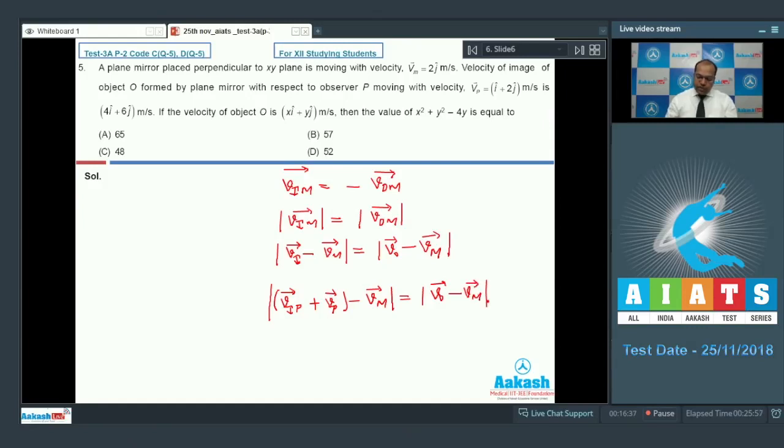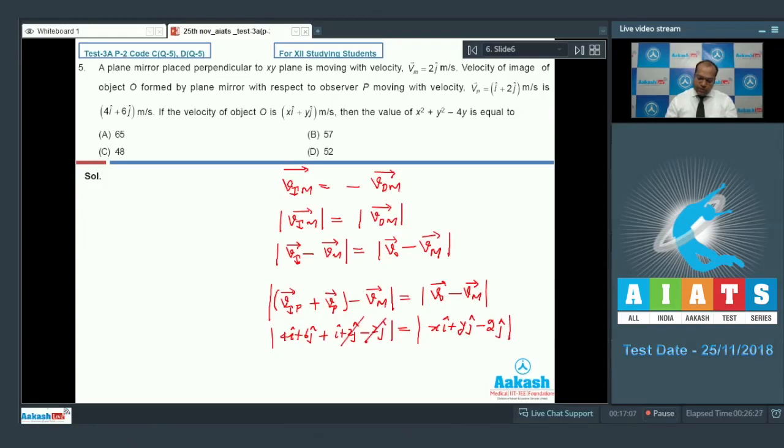So if I substitute the data, then velocity of image with respect to P is 4i plus 6j, and velocity of P itself is i plus 2j, minus velocity of mirror, that is 2j, and it is equal to velocity of object, that is xi plus yj, minus velocity of mirror, that is 2j.